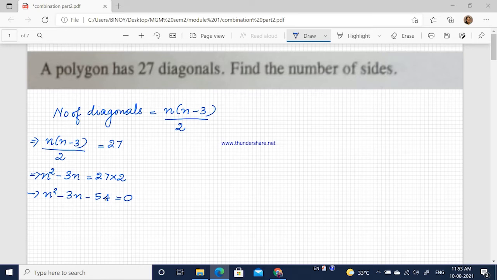This is in the form of a quadratic equation. So a is equal to 1, b is equal to minus 3 and c is equal to minus 54.